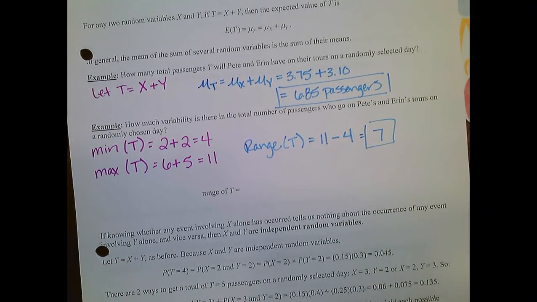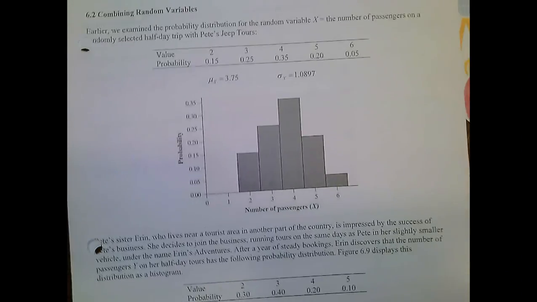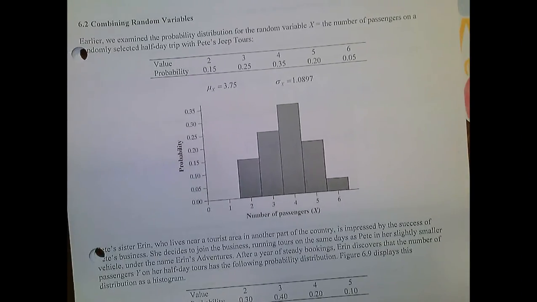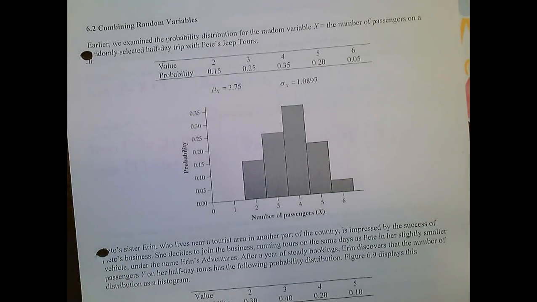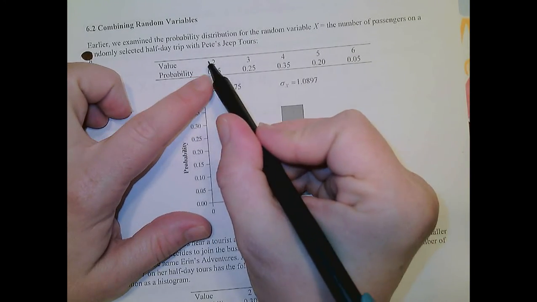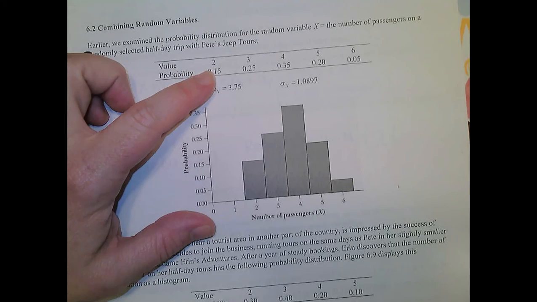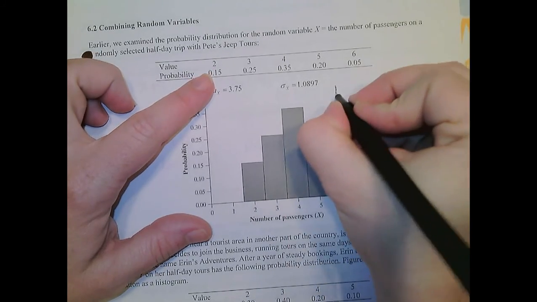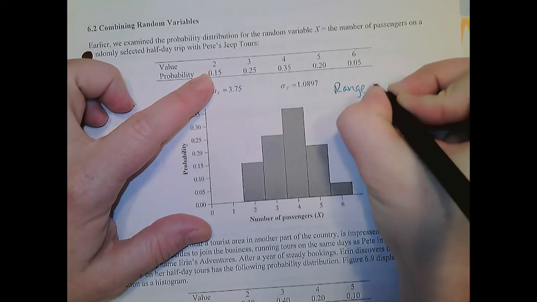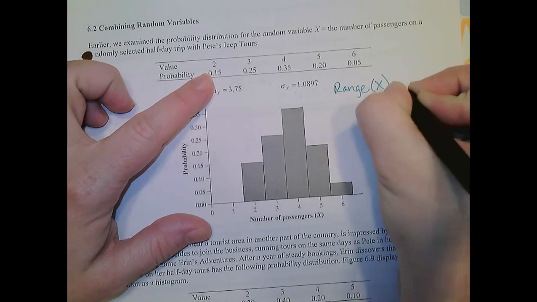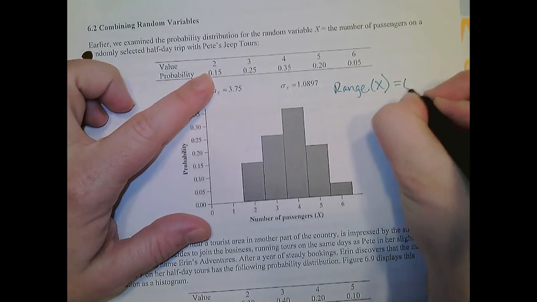Now I want you guys to notice something. If we go back to the distributions here, and we look just at Pete, notice that Pete could carry anywhere from 2 to 6 passengers. So the range for Pete, range for X, would be 6 minus 2, or 4.